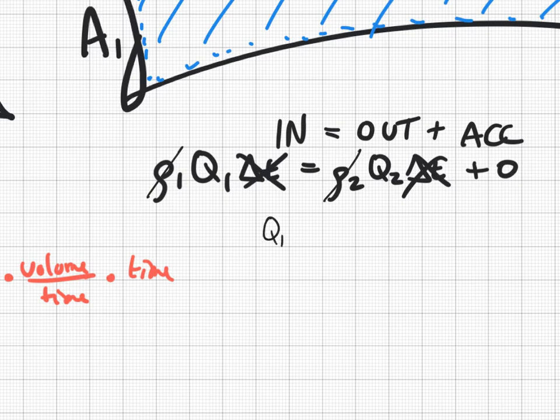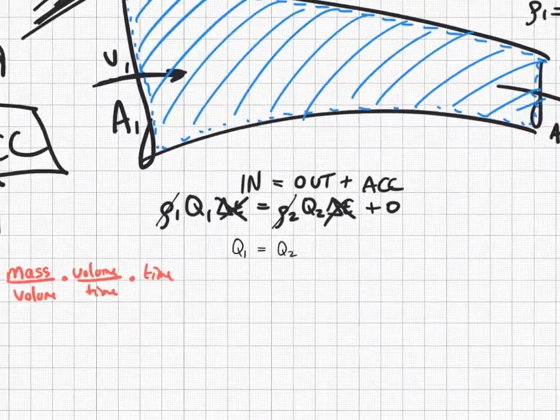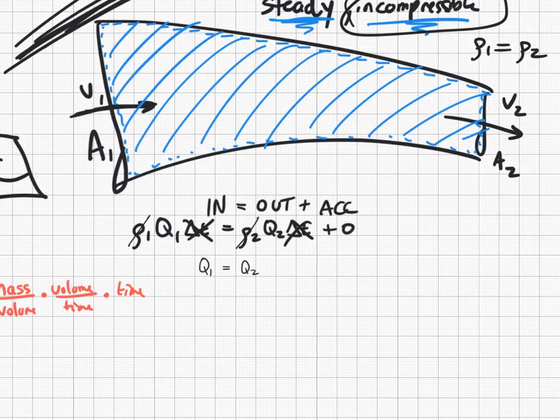I'm left with Q1 equals Q2. Since I didn't give you a velocity profile for 1 or 2, we'll assume V1 and V2 are just the average velocities. So V1A1 equals V2A2. Let's solve for V1: V1 equals V2 times A2 over A1.